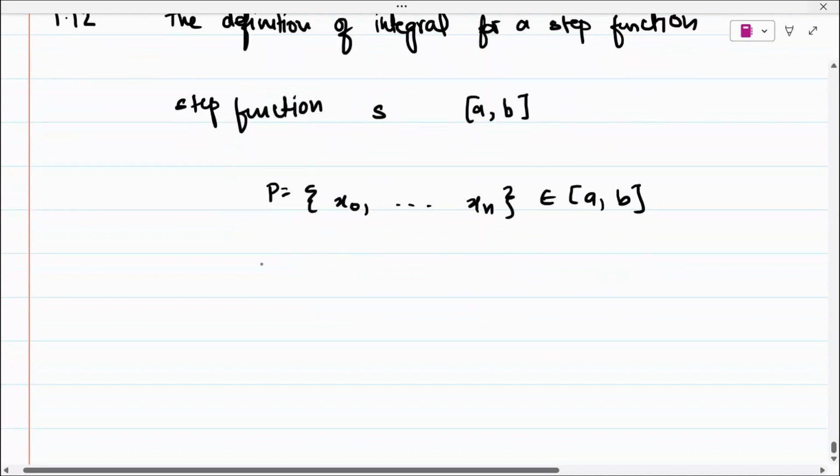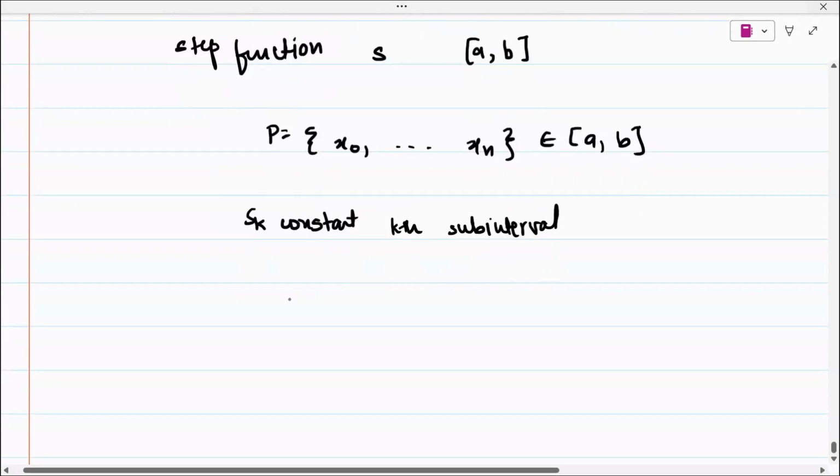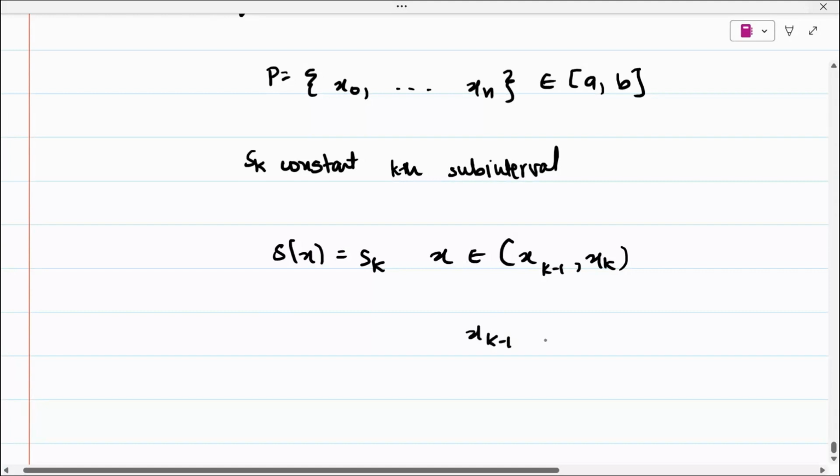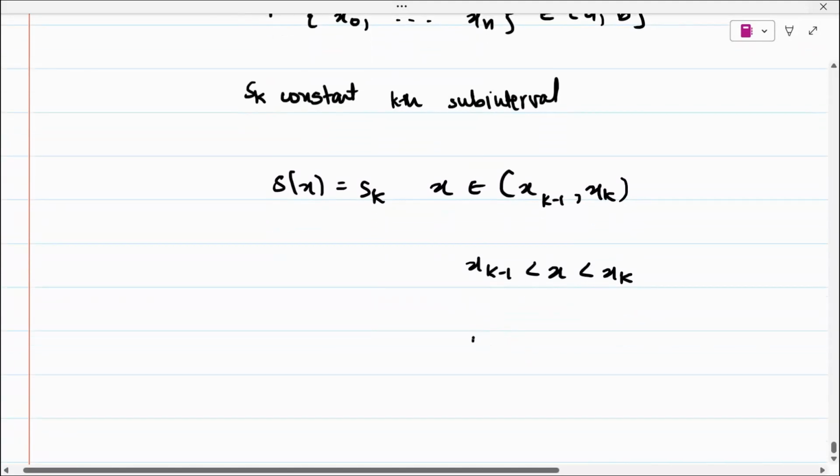Now say that S is constant in the kth subinterval. What that means is S of x is Sk when x is in an open interval. And because there are n partitions, k is equal to 1 to n.